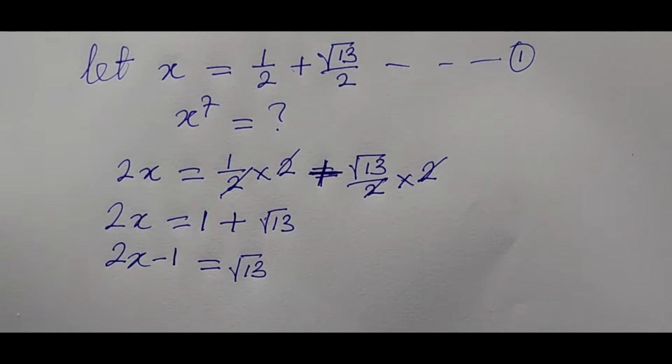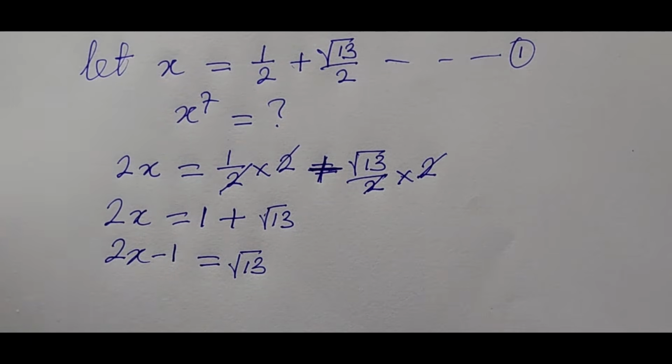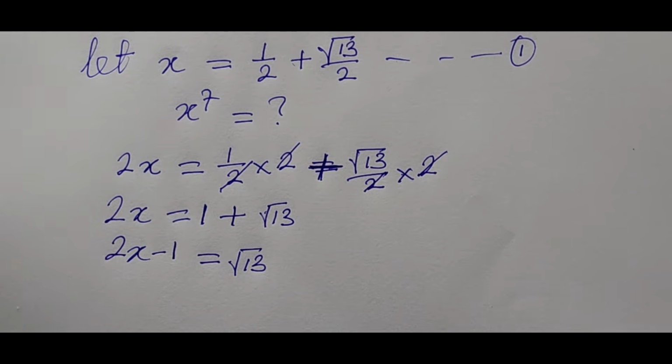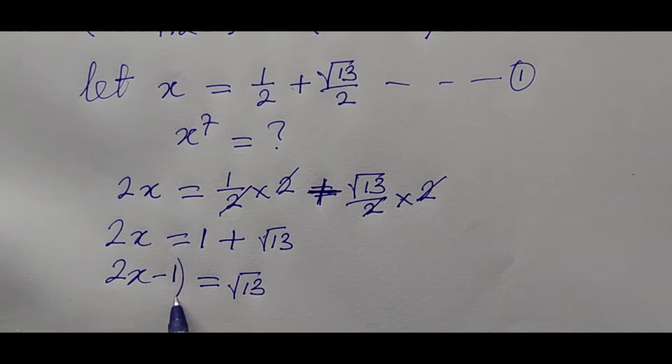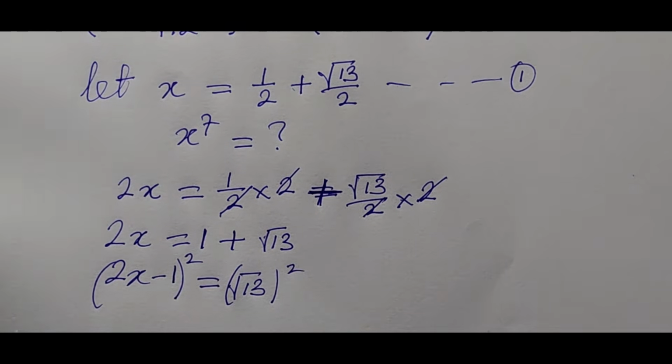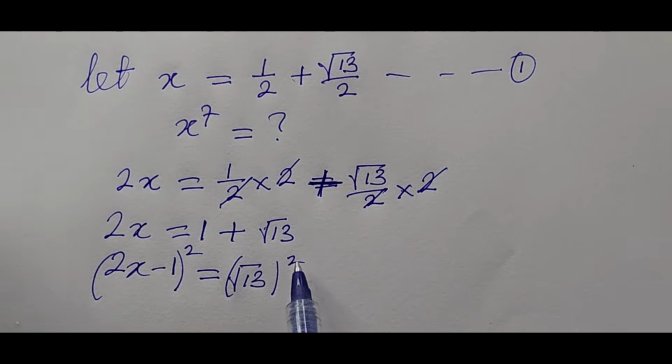Now we have to eliminate this radical, and it's a square root radical, so we take the square of both sides of the equation. In other words, let's square this side and we square this side. The power will go with this radical.